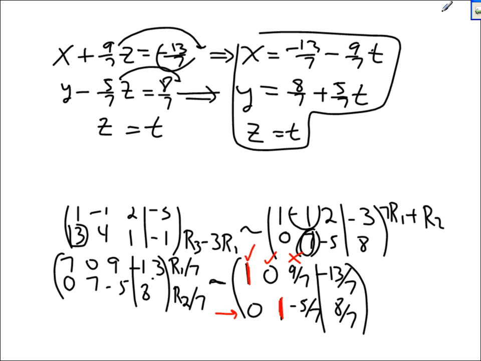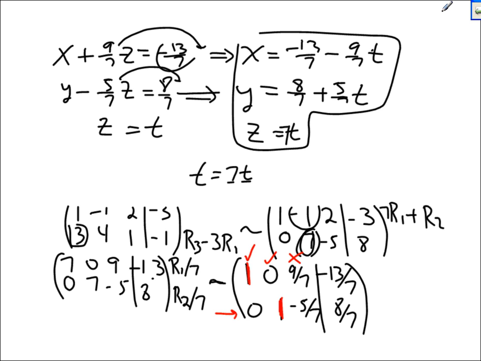Now, why don't I let t be 7? Can I remove those 7s? Yes. And remember, t is 7t over 7. And I have to remove the 7 there as well. That is, this is 7t.